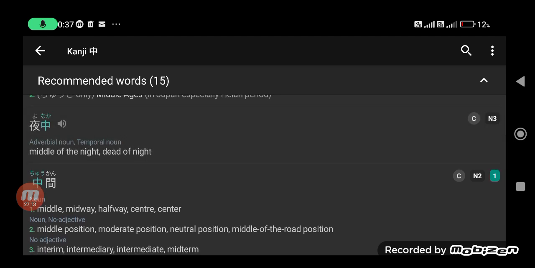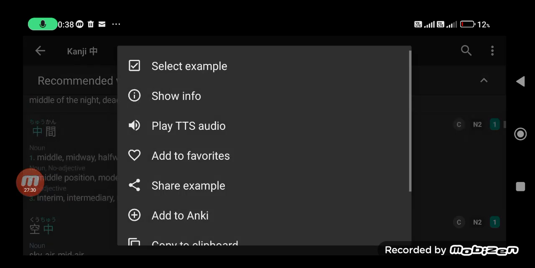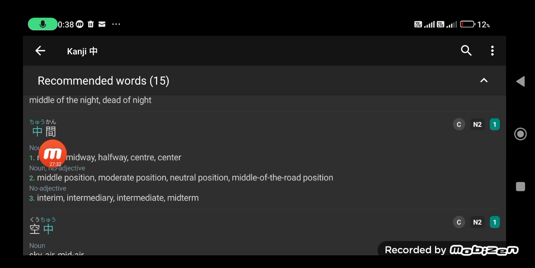Let's say 11:30 p.m. or perhaps 1 a.m. Could be the middle of the night, or 2 a.m., or perhaps 10:45 p.m. Chukan. Midway, halfway, middle, chukan. It's because the second kanji here means the interval.